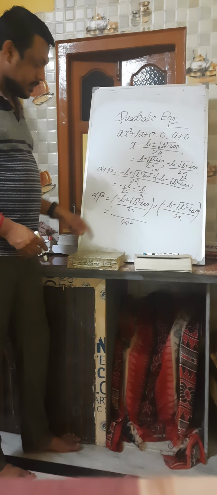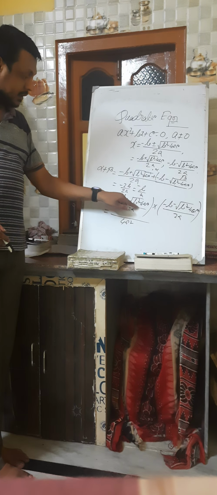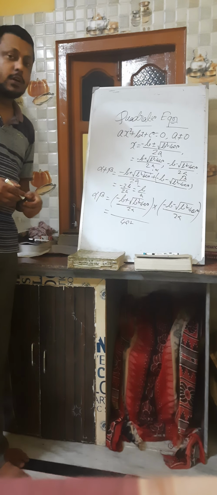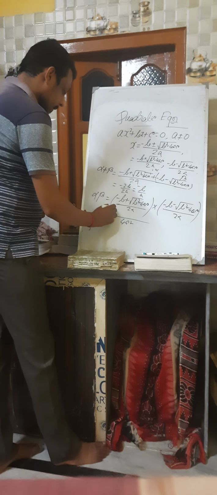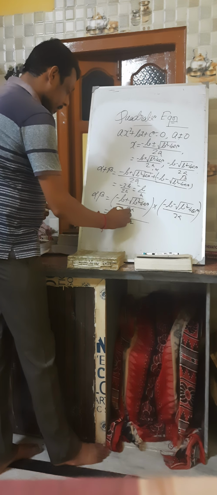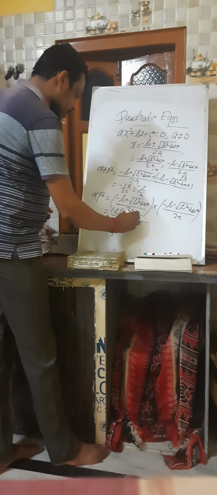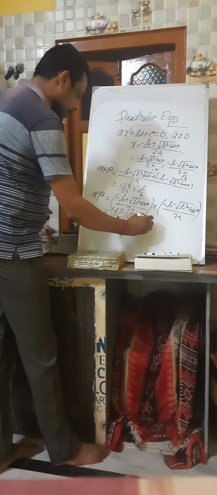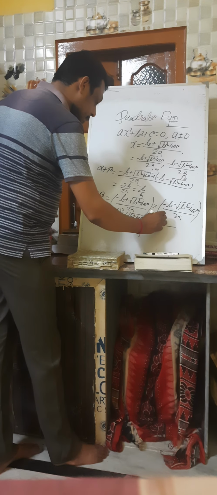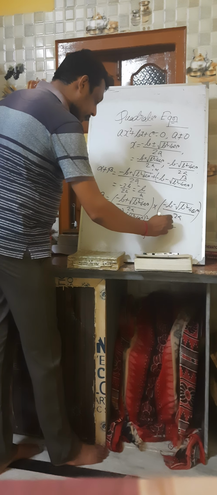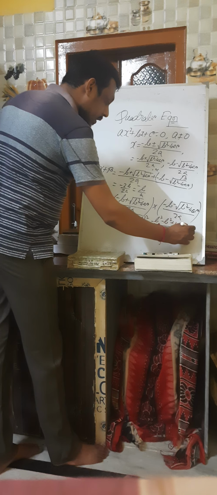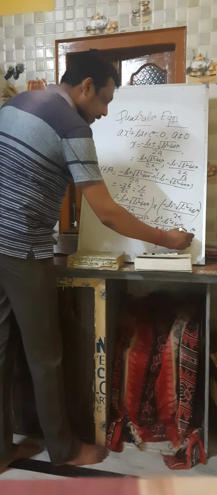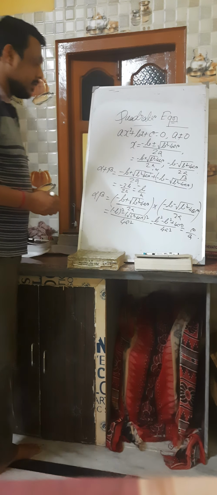Look at the numerator: a plus b, a minus b. I repeat, a plus b, a minus b. So what is the formula? a square minus b square. That means minus b whole square minus root over of b square minus 4ac whole square. So you get b square minus b square plus 4ac by 4a square, and 4 gets cancelled, a gets cancelled, you get c by a.